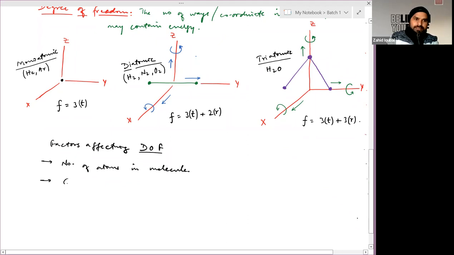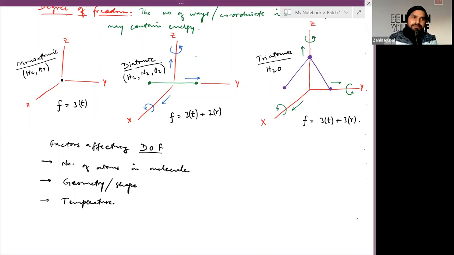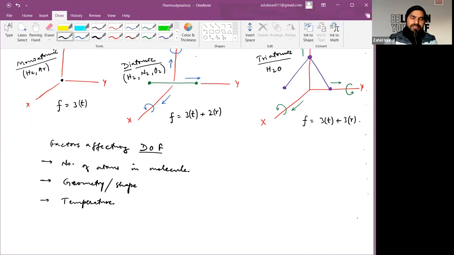Second, their geometry or shape. And third, temperature. So you'll be asked how the degree of freedom of a particle may depend upon temperature. So let me define this part.